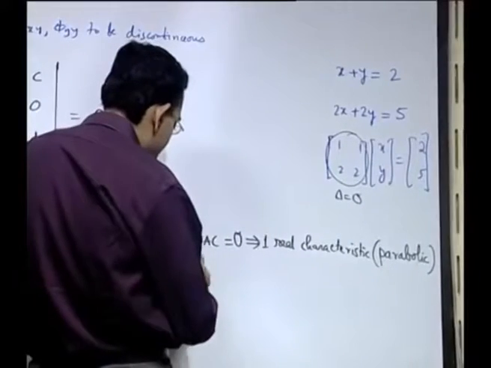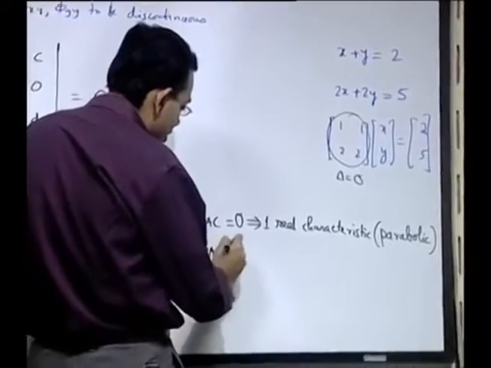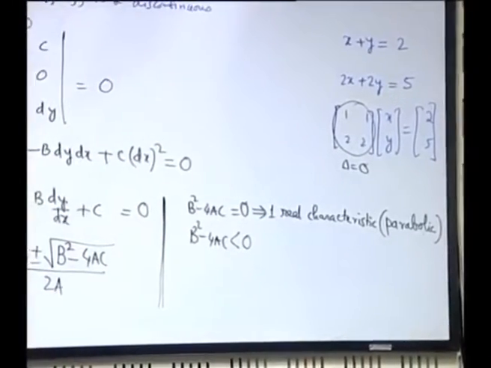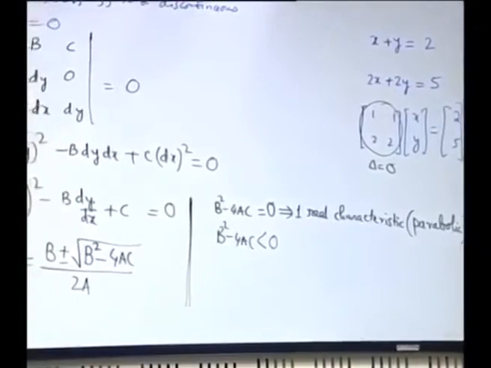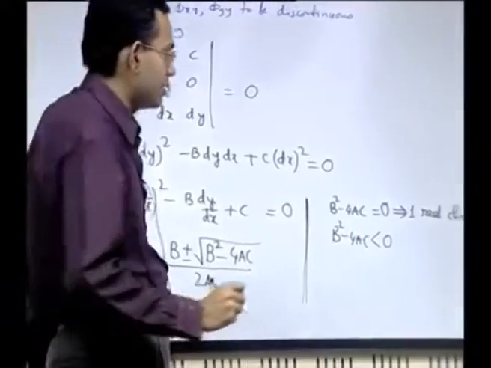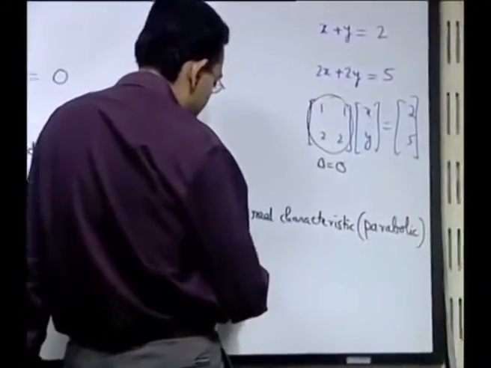Then if you have b square minus 4ac less than 0, then there is no real characteristic. So, this is called an elliptic partial differential equation.